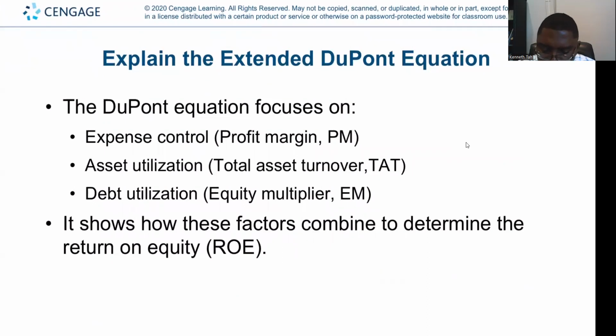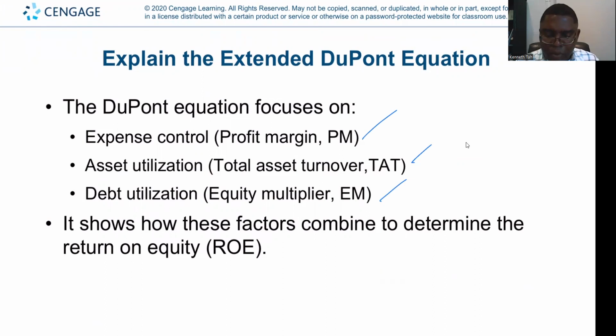If we go back to the various ratios we have computed, under profitability we calculated profit margin. Under asset management, we calculated total asset turnover, and we calculated equity multiplier. So the DuPont equation brings all of this together.